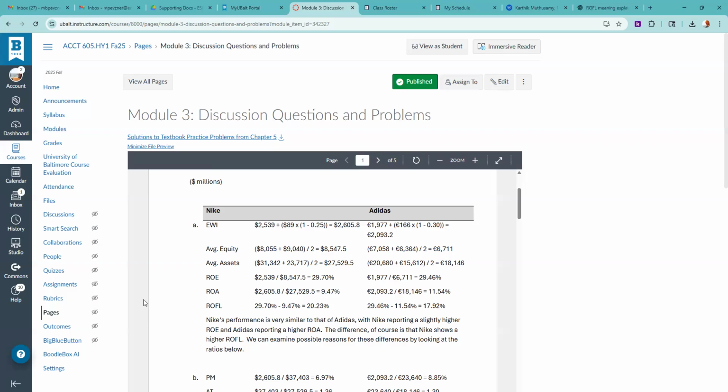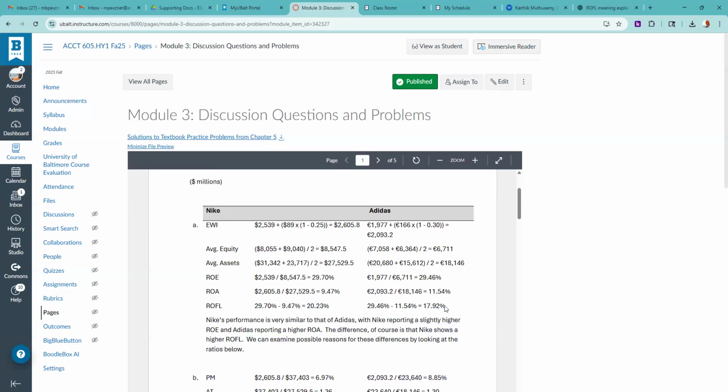And it's interesting, it's a good question to see that. So, for instance, if you compare ROEs of Nike and Adidas, Nike is doing slightly better. However, when you compare ROAs, clearly Adidas does better, right? And that's because Nike disproportionately benefits from this ROFL being higher. It's 20.23 and 17.92, right?